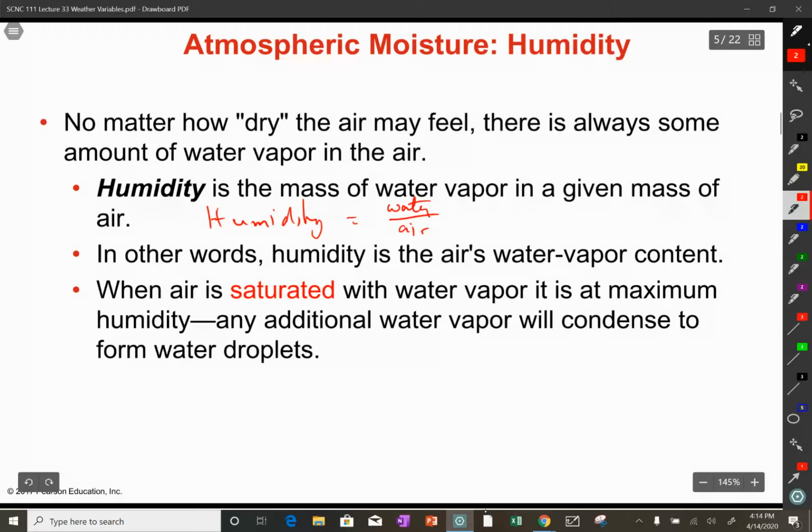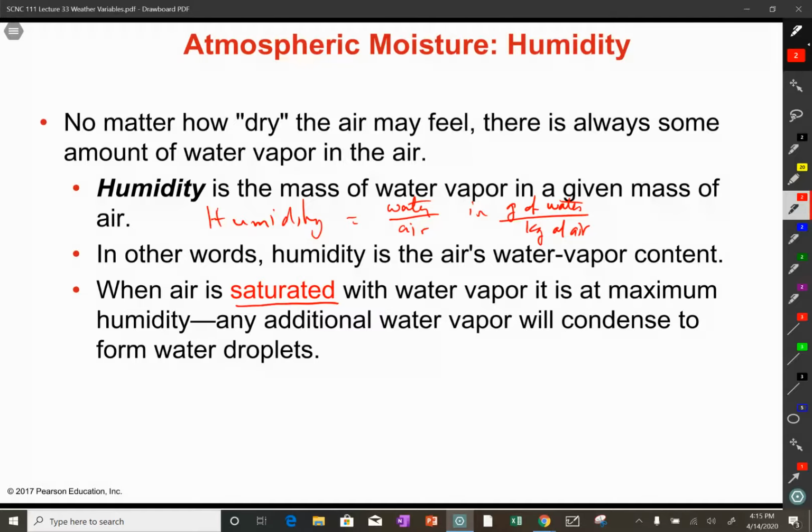Typically it's in grams of water per kilograms of air. And humidity is not what you hear on the weather report. On the weather report, you hear them talk about the relative humidity. Relative humidity we'll talk about in just a minute. The relative humidity is the humidity divided by the saturation point. Saturation is what's the maximum humidity you could have.